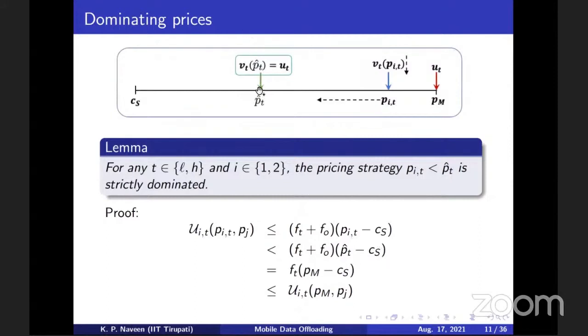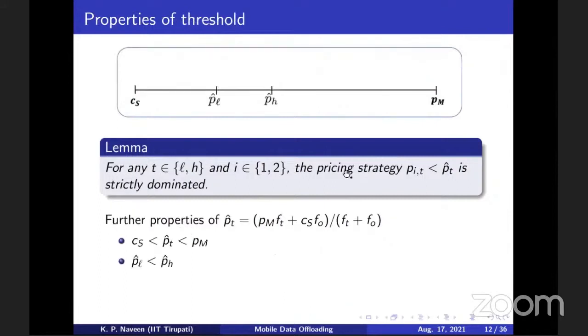And then suddenly, if I switch from here to here, so I just serve the monopoly flow, my revenue is the same as what I would get here with this price if I serve both the monopoly as well as the overlap flow. And that way you can show that any strategy less than p hat of t is dominated by this maximum price. Okay, so this will enable us to shrink the action space much further. That's what we have done.